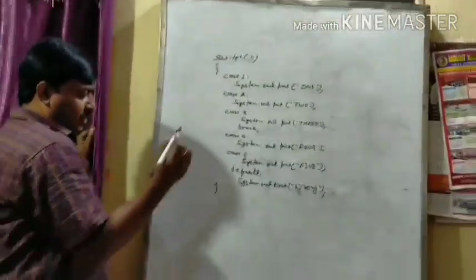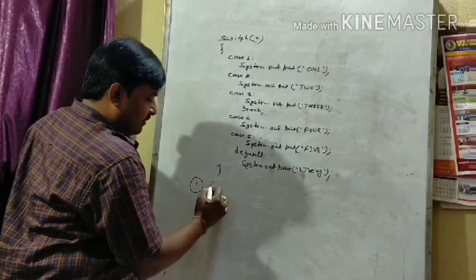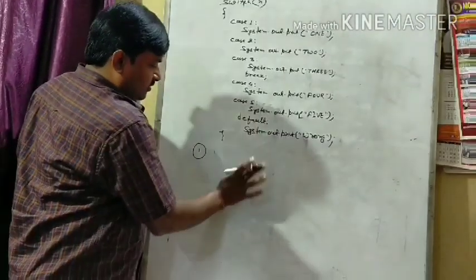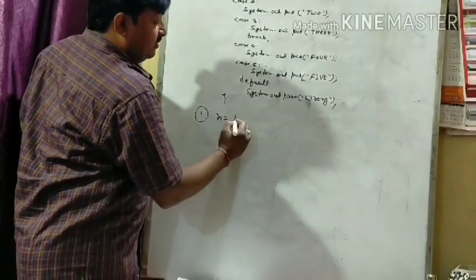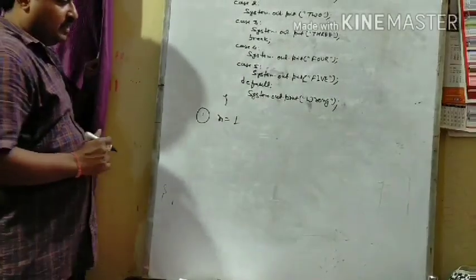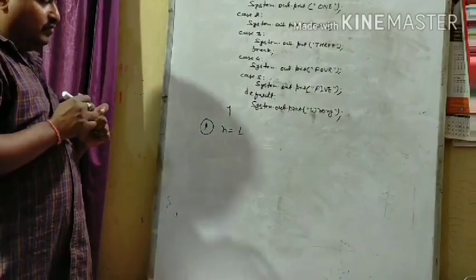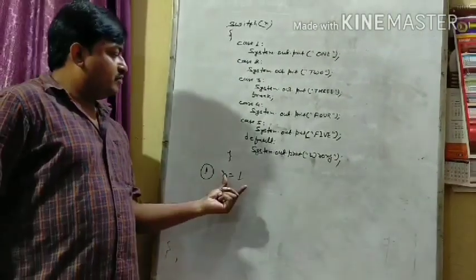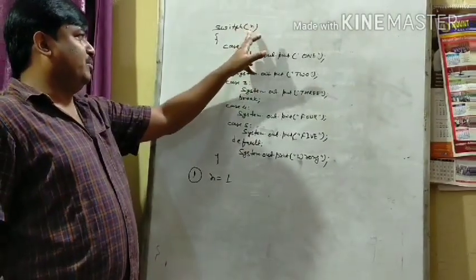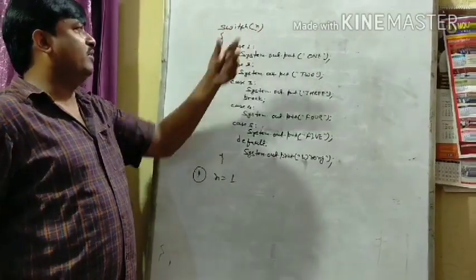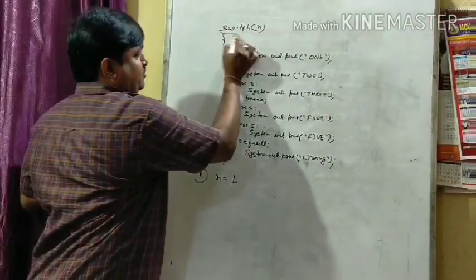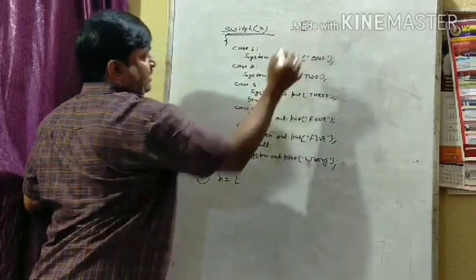Okay, so the first time I am giving the value of n equal to 1. So student, the value of n is 1. We put the n in switch. Therefore, the value of the switch expression will be 1.